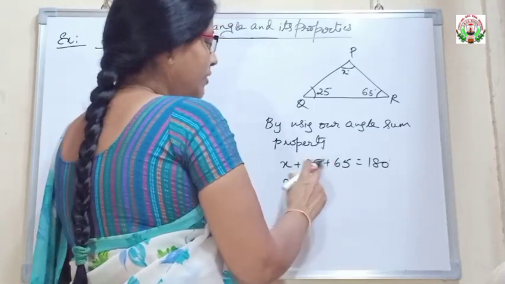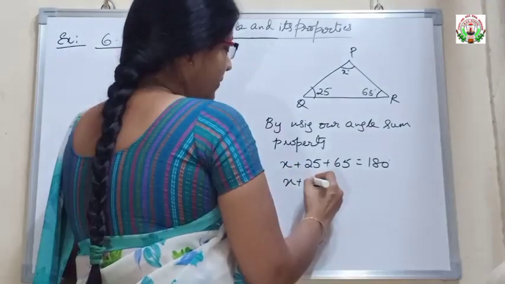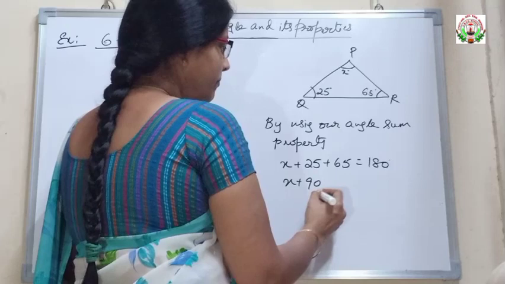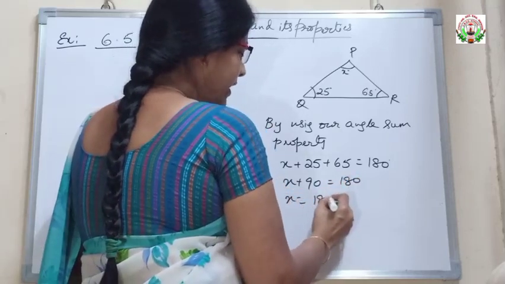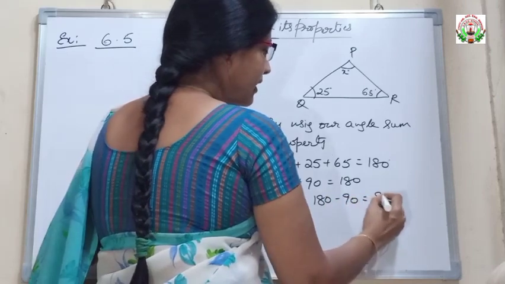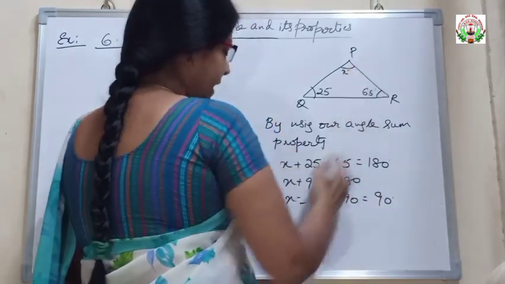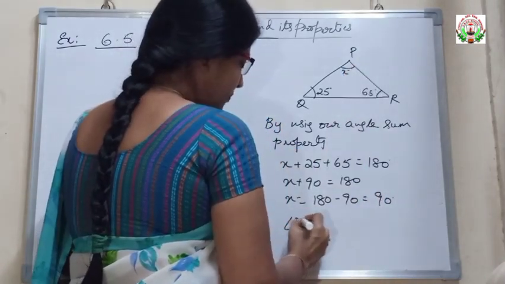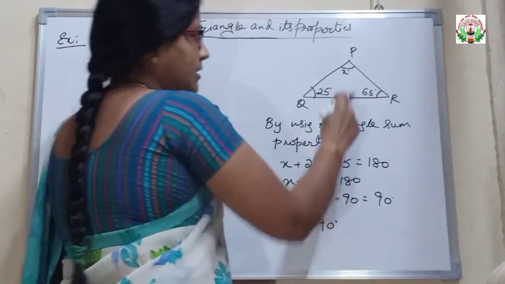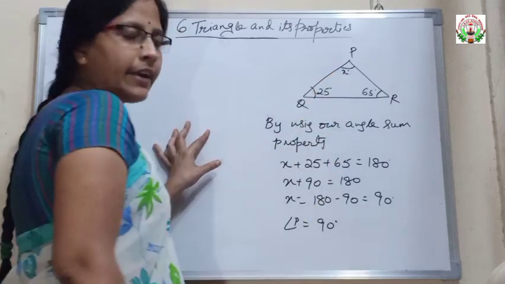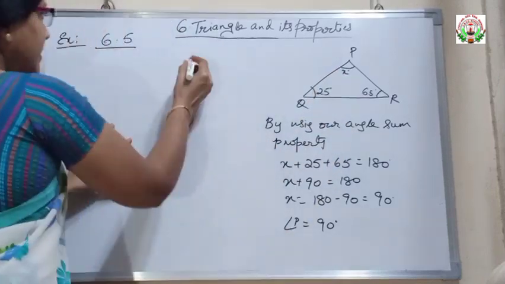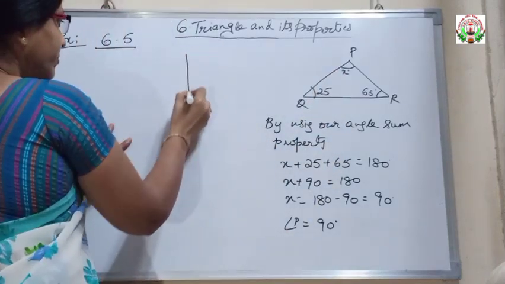So x plus 65 plus 25, it is 90, is equal to 180. X is equal to 180 minus 90, that is 90 degrees. Means the angle P is 90 degrees. It is 90 degrees means the given triangle is a right angle triangle. That means it is right angled at P.